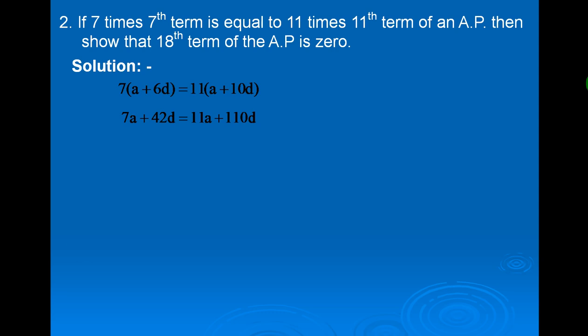Taking 11A to the left hand side and 42D to the right hand side, we get 7A minus 11A is equal to 110D minus 42D, or minus 4A is equal to 68D, or A is equal to 68 upon minus 4 into D. Now 4 into 17 is 68.